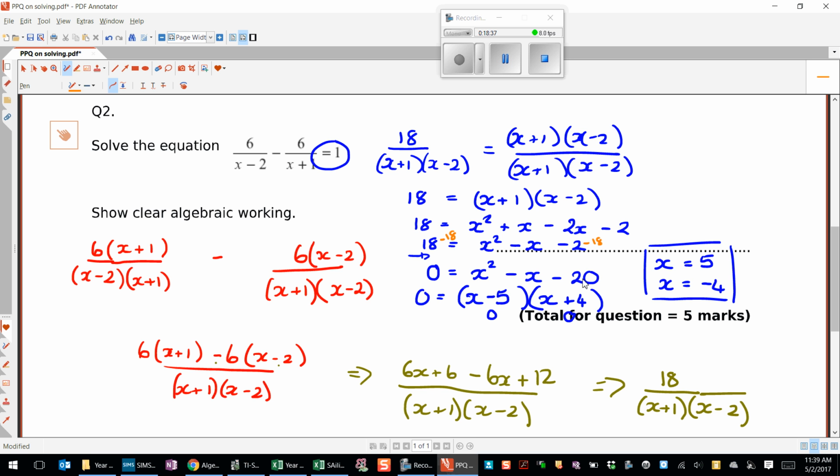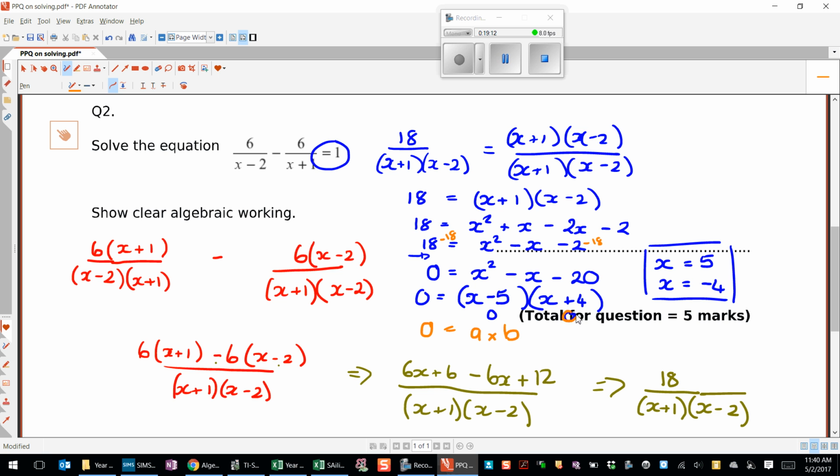Leah's asked the question, how do we get x equals 5 and x is minus 4? So what we've got here is if 2 things multiply to make 0, so a times b makes 0, you know that one of them has to be 0. The only way to make 0 with a multiplication is to have one of the numbers be 0. So that means that either x minus 5 is 0, or x plus 4 is 0.